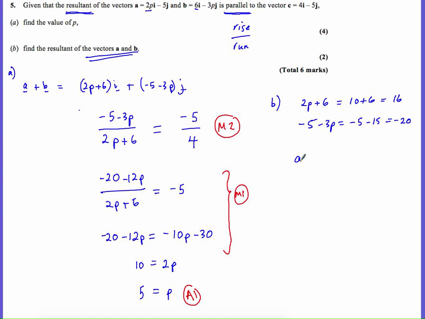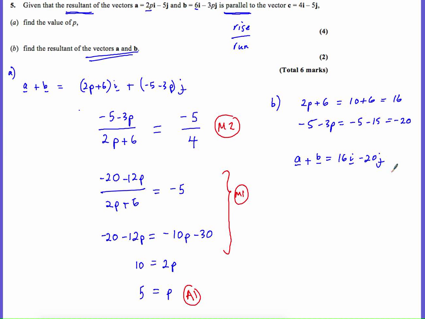So the resultant of A plus B. Remember, when you do vectors, you're underlining them every time. It's really hard to do bold when you're writing it by hand. So underline them. It will be 16 i's plus 20. Ooh, not plus 20. Minus 20 j.